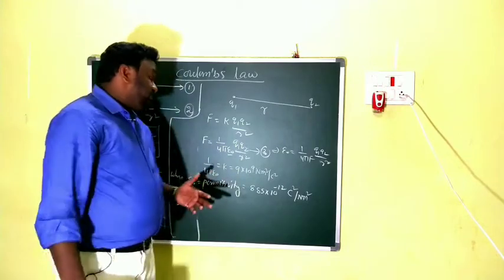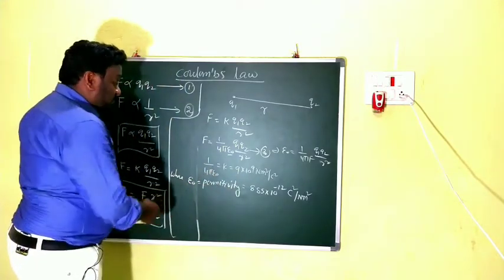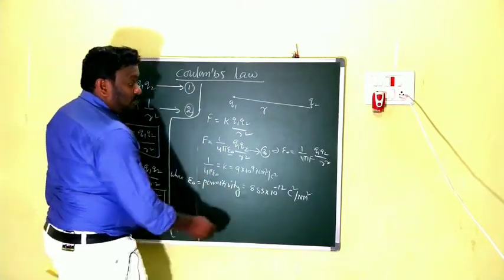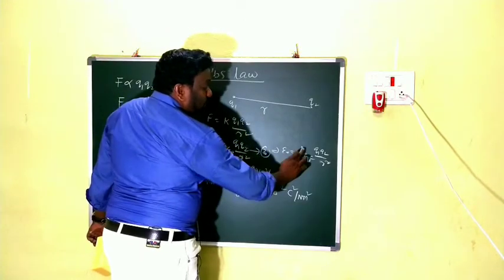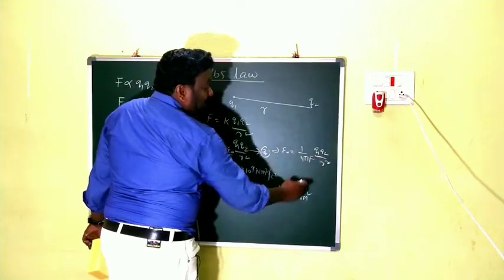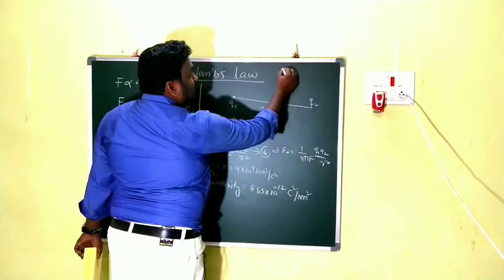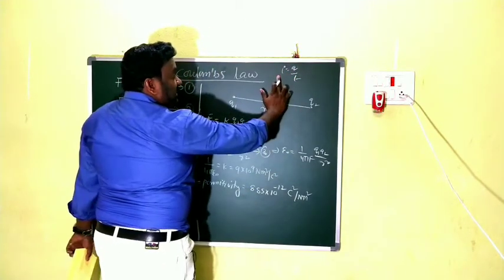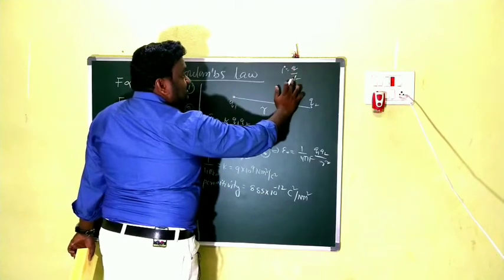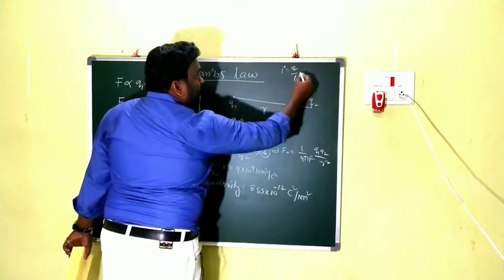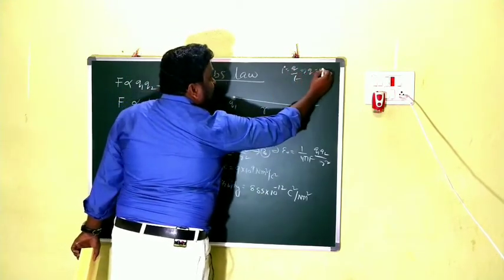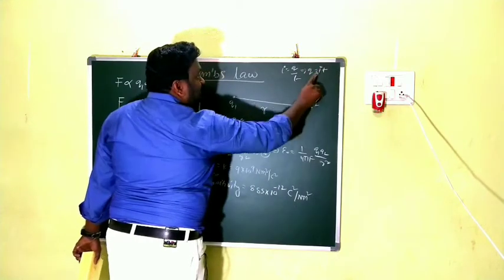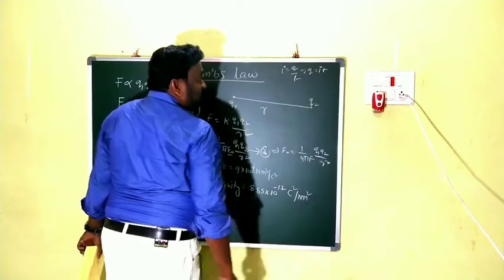So in this case, how do we write the dimension formula for permittivity? Epsilon is equal to 1 by 4 pi into Q1 Q2 by R square. Here generally we have current I equal to Q by T, charge by time. Then Q is equal to I into T. I means current, T means time.